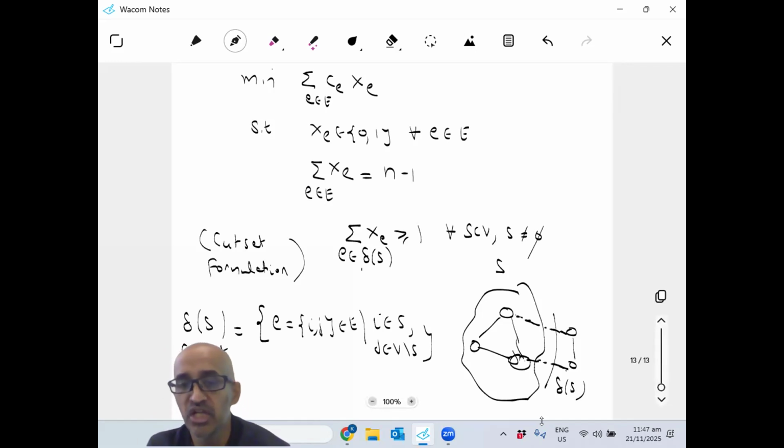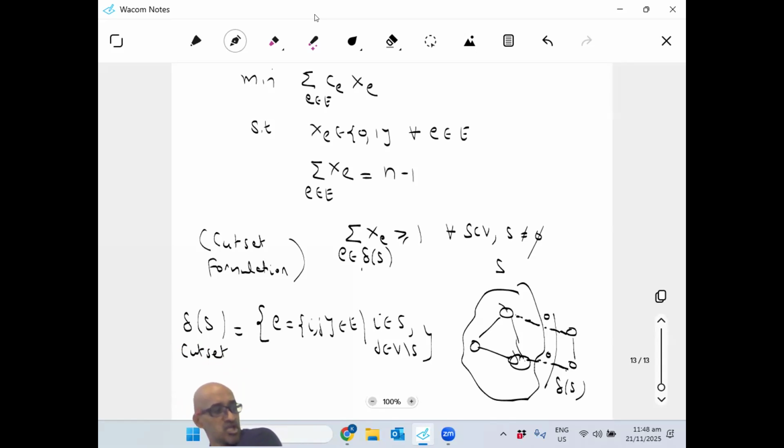So it is capturing the same subtour elimination. What it is doing is it is not going to let you have solutions like this where both of these numbers are zero. This cannot occur because this constraint will be violated, as the edges coming out of this set are this edge and this edge. They two add up to zero, which cannot be true.